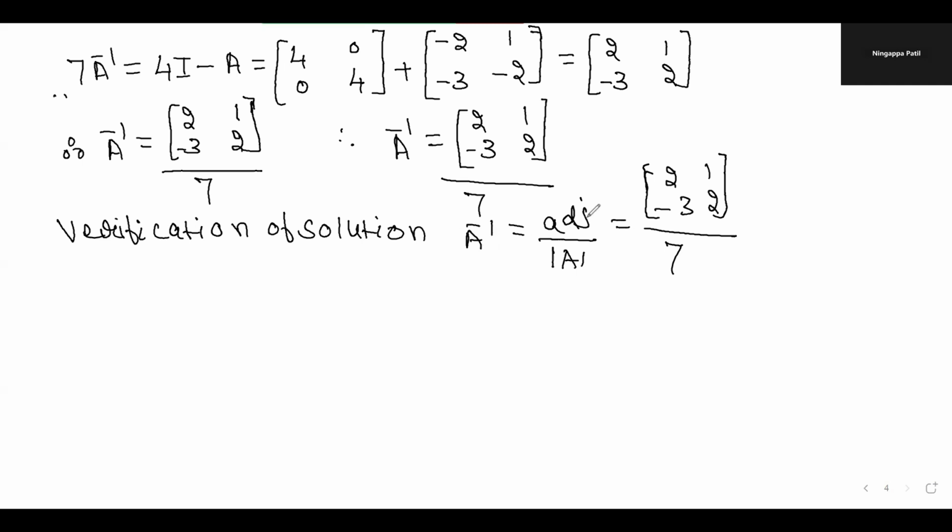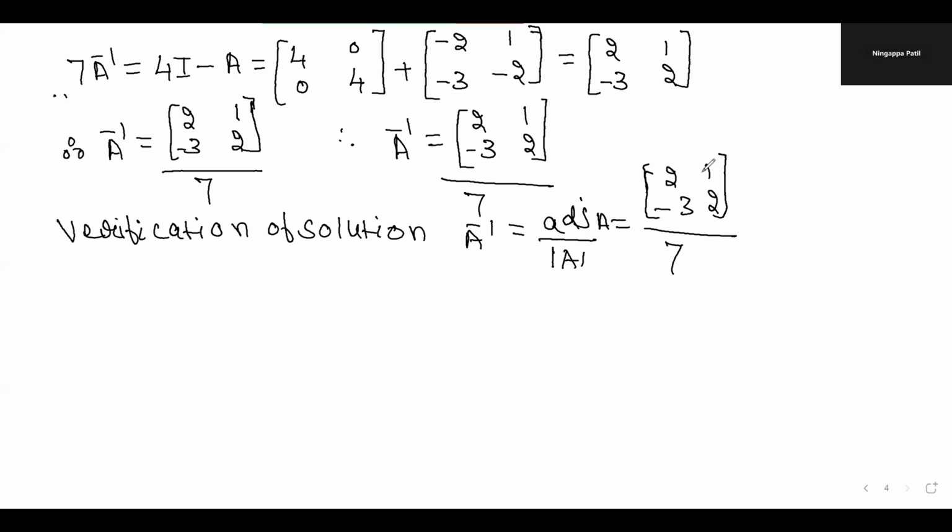Then A inverse equal to adj A divided by determinant of A. Now, look here. For a second order matrix, 2 by 2 matrix, the adjoint of A can be found by interchanging the principal diagonal and changing the sign of the secondary diagonal. And 2 and 2, interchange means same it is.